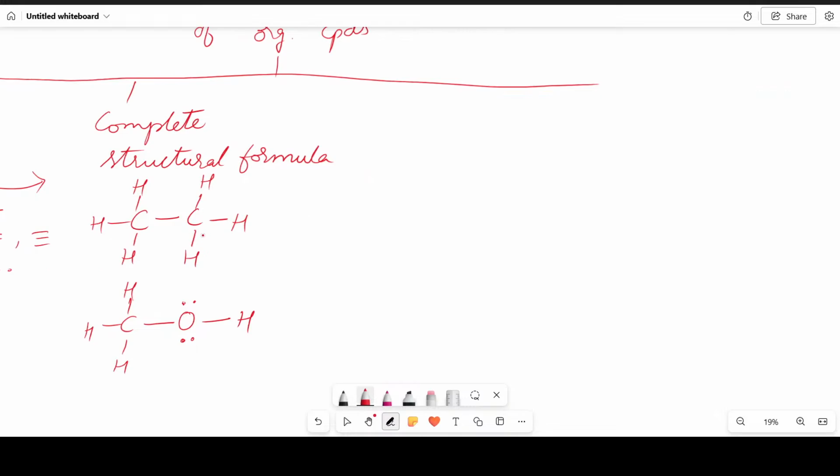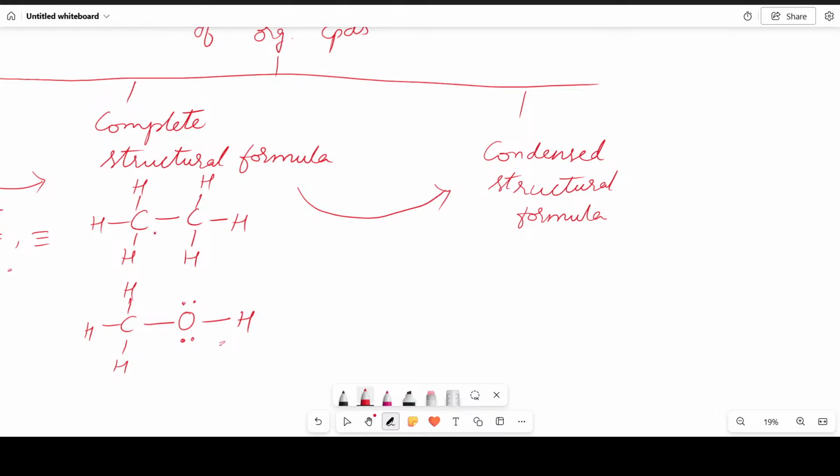Next one. Further, this complete structural formula is simplified into the condensed formula. What is it? Condensed structural formula. So here we omit all or some of the dashes that represent the covalent bonds.